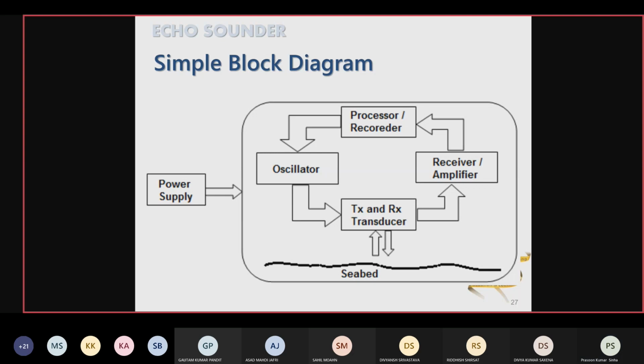Block diagram. Most basic it is. ब्रिज में रिकॉर्डर रहता है, रिकॉर्डर से सिग्नल आती है, ऑसिलेटर में जाती है, oscillator produces electrical signals.